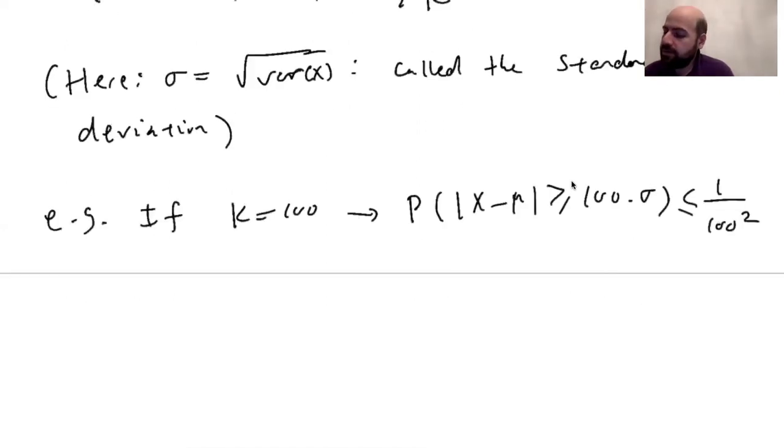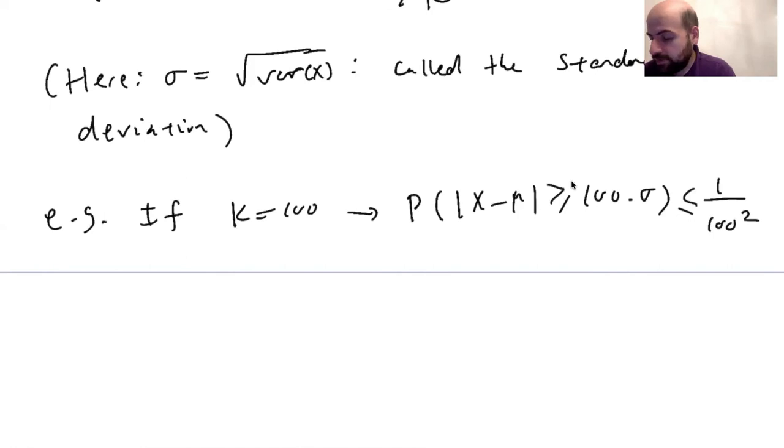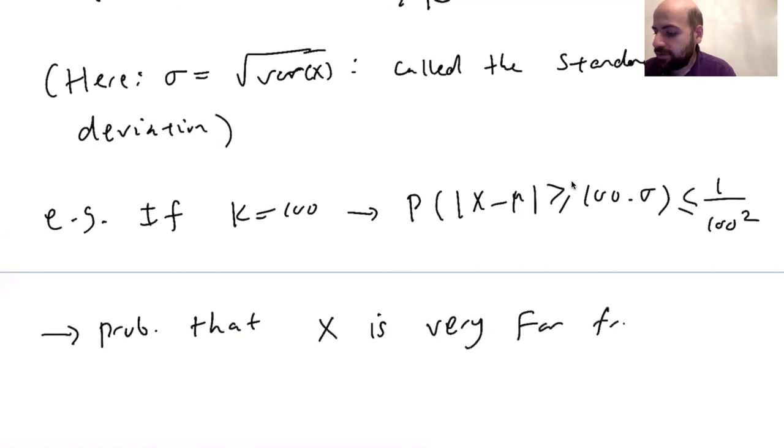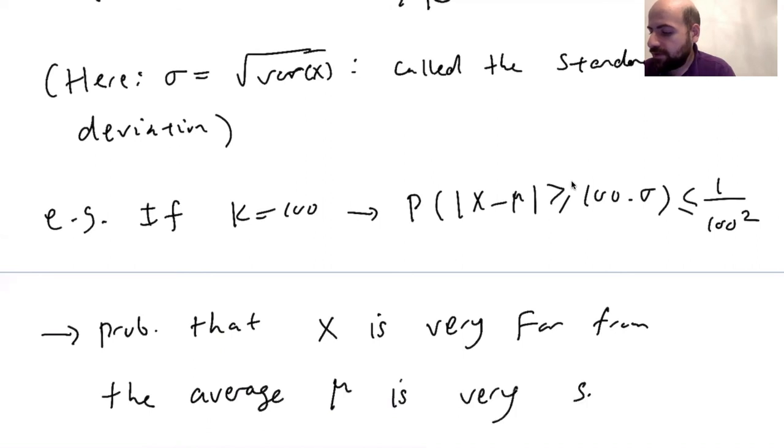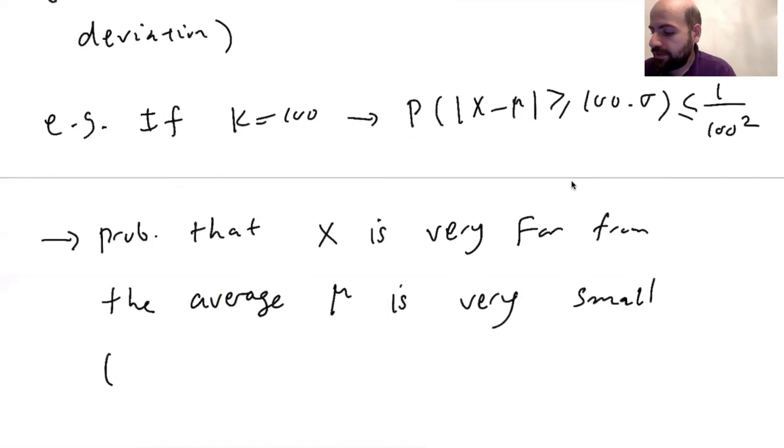Okay, so what does that mean? This means the probability that X is very far from mu, from the average, is a very small number between 0 and 1/100 squared.